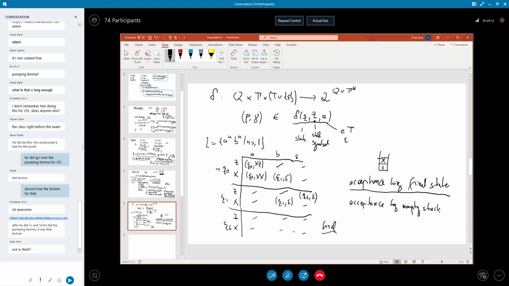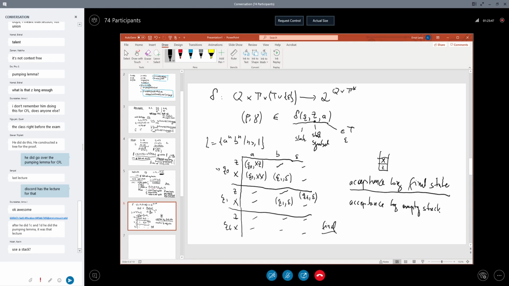So that means you can then, instead of saying I will accept a word by final state, if it gets me to that final state, say a word can be accepted if it gets me to an empty stack. Again, of course, the entire word has to be consumed. And if that ends up clearing out the stack, then that will also be a way of accepting.